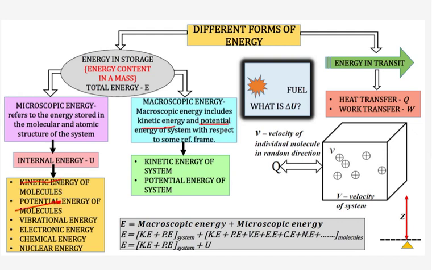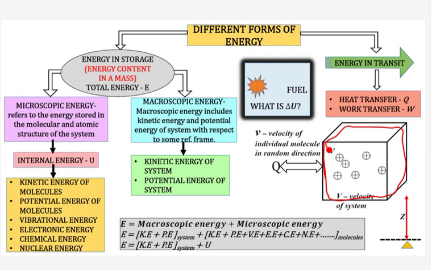But what is the difference? The difference is here the kinetic energy of molecule, and here kinetic energy of system. Now what is this kinetic energy of system? See, if I consider this full air as a system, this is my system.